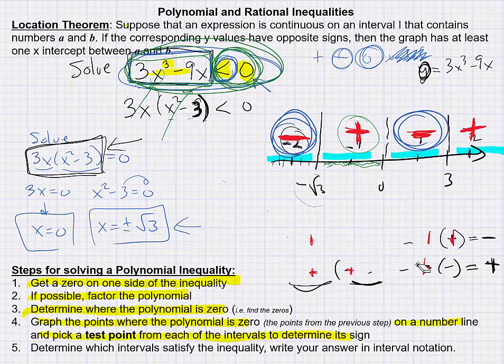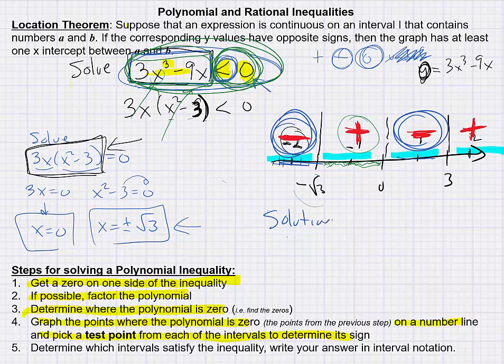Our solution is any x that sits in these two intervals. So that'll be the solution: the interval negative infinity up to negative root 3. That's this interval. And this interval, which is 0 to root 3.